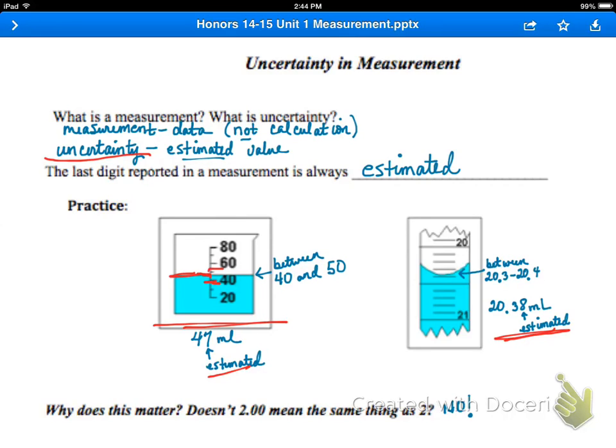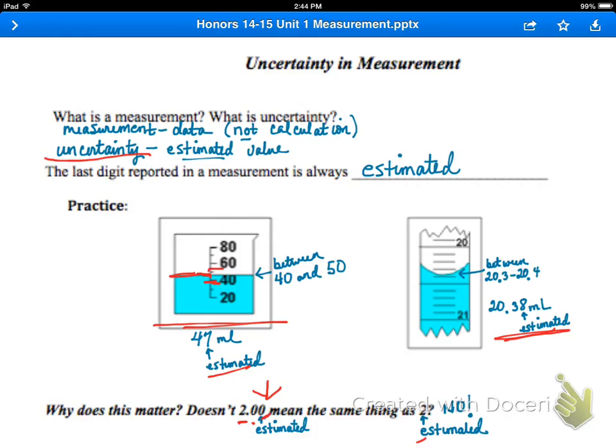All right, so why does it matter? Do 2.00 and 2 mean the same thing? If I report 2.00, that means I know for certain it's 2.0, and I have an estimated value for the last digit.